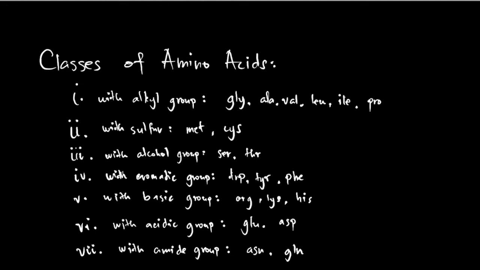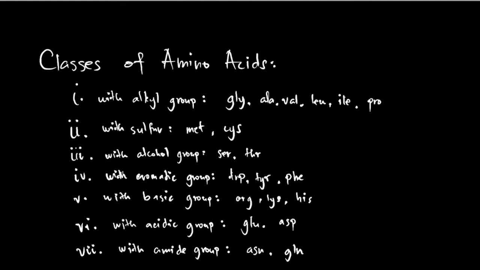We also have here the tryptophan for those having aromatic groups, tyrosine, phenylalanine, or yung nasa Neosep. We also have those with basic groups, our arginine, our lysine and histidine. Those with acidic group naman ay yung ating mga aspartic acid, glutamic acid.